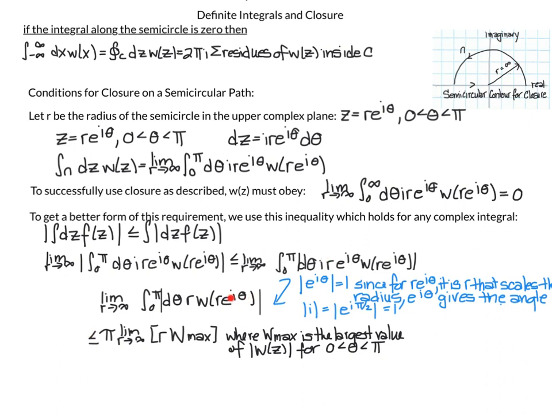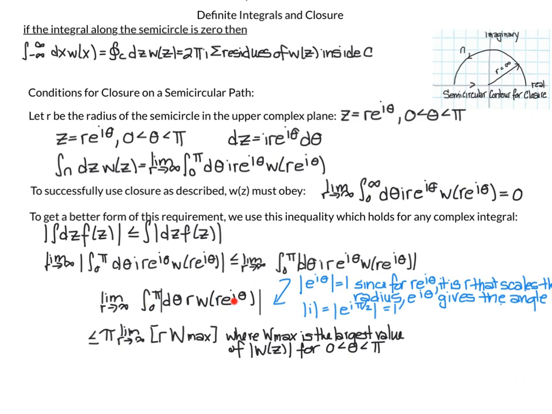There's an equality here, but over here it's not an equality because we started with this inequality; it's a less than or equal to. The way we get to this next step is we think about the integral of this function w of z times r. We're going to take the r out. It's just a constant. It'll hang around.